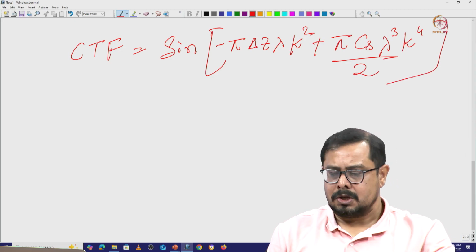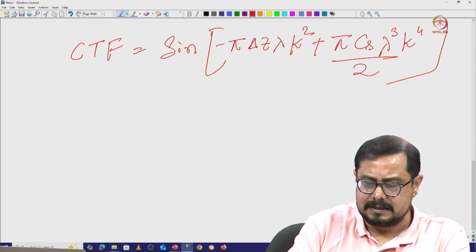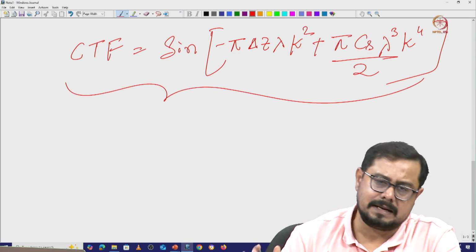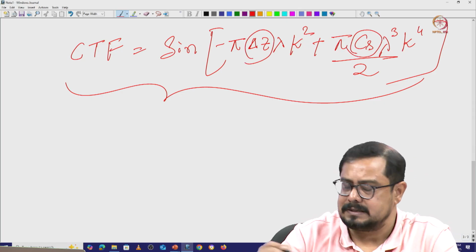So in this particular case, this is a very complicated function, and we are not going into the mathematical details. Here there are two things that are important, one is this and one is this.